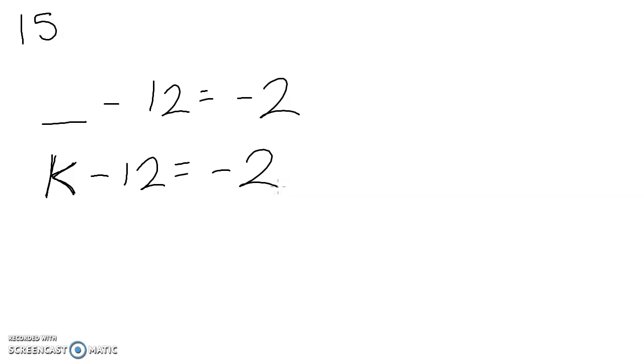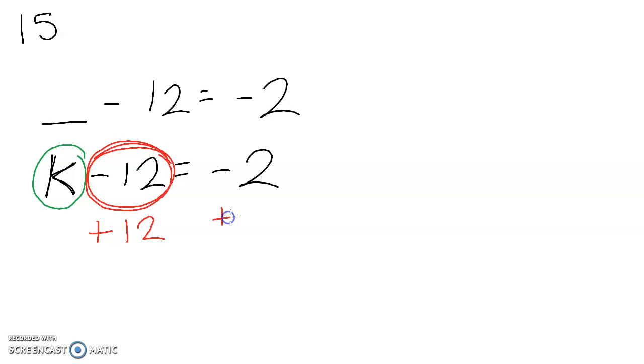So if I want to get the K all by itself, I need to get rid of this negative 12, or minus 12. So I need to add 12, or have a positive 12, to both sides.